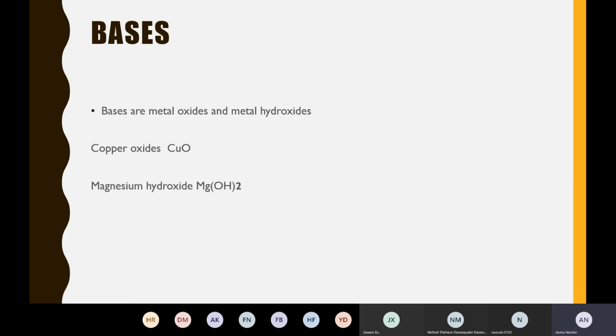Okay. Bases. Now in bases, we have two types of bases. One is metal oxide. One is metal hydroxide. About what I was talking about, was I talking about hydroxide or oxide?